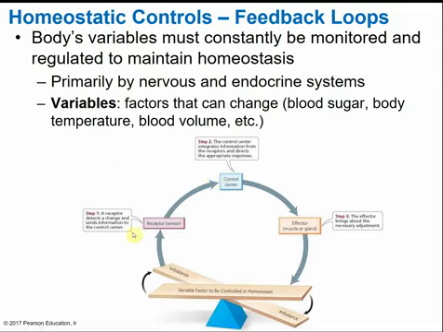The sensors send the signal to the brain, and then the brain will determine how to respond. Our response will be carried out by our effector, which is typically a muscle or a gland. The effector is going to bring about the necessary adjustment, whatever we need to do to restore that homeostasis.